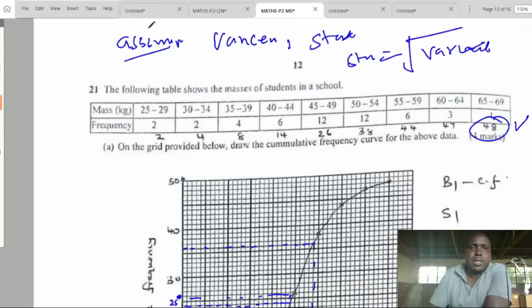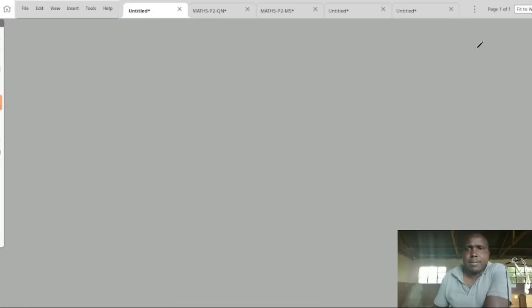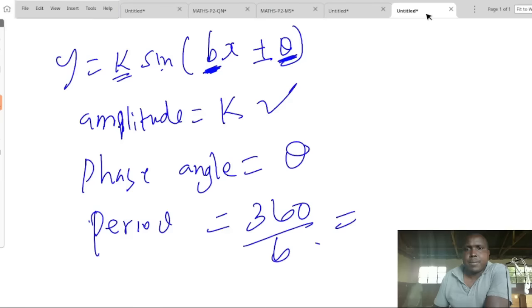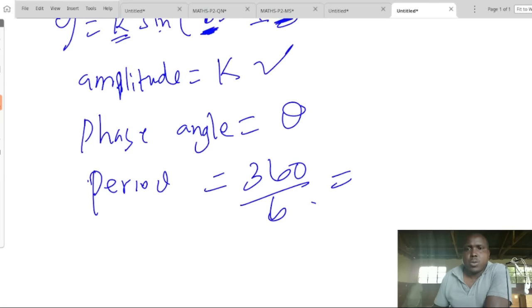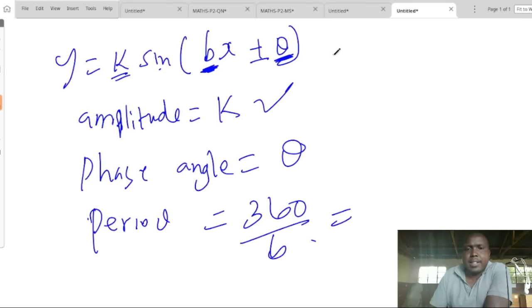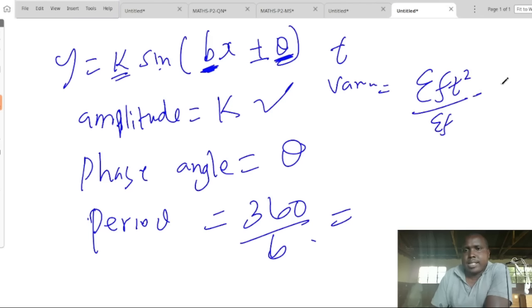So it depends. If you use assumed mean, you know that the variance, using assumed mean t, then variance is equal to summation ft square divided by summation f minus summation ft over summation f, all squared.